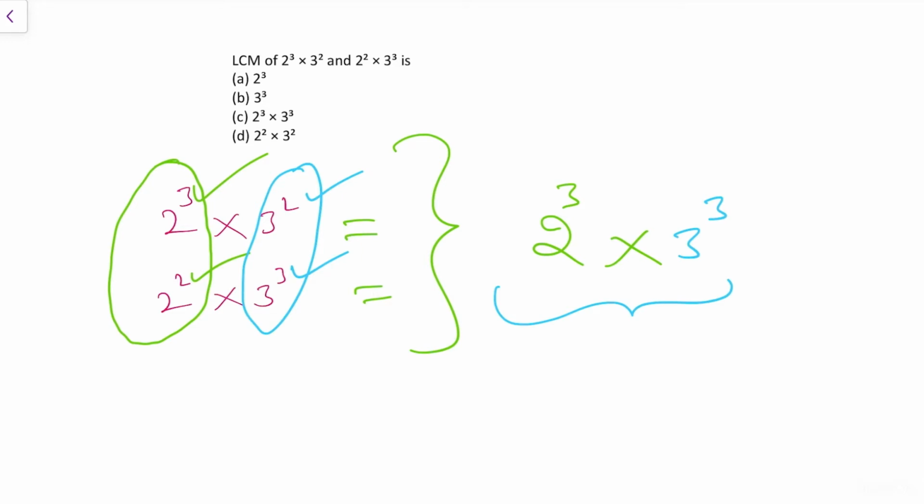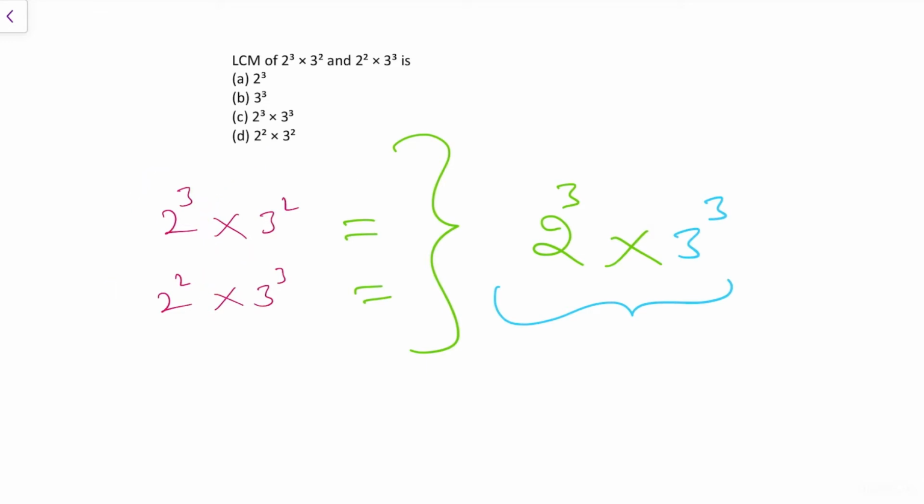Next, second method, what we will do is write the total expansion. What does it mean? Here 2 cube is there. So 2 cube can be written as 2 into 2 into 2, and 3 square can be written as 3 into 3.